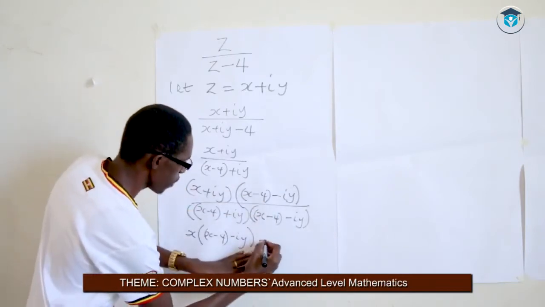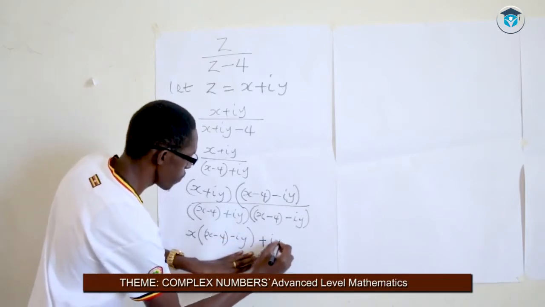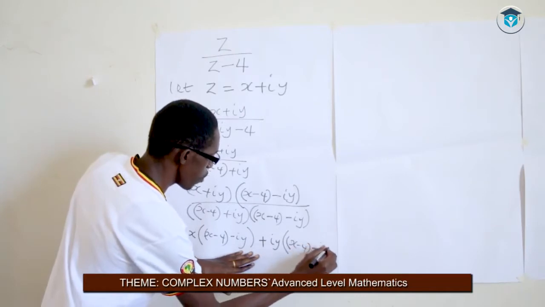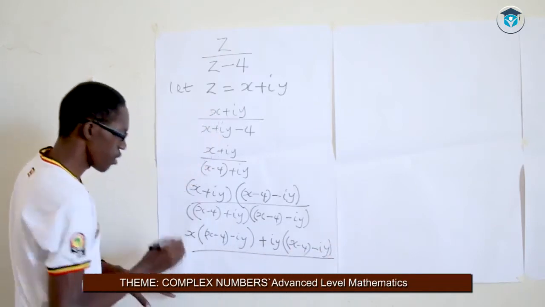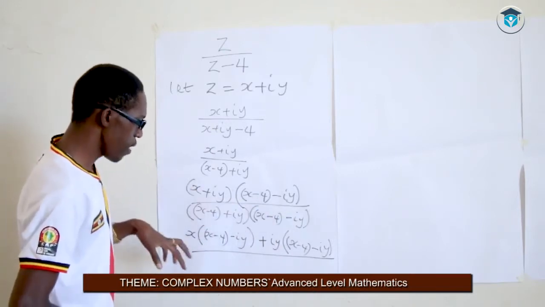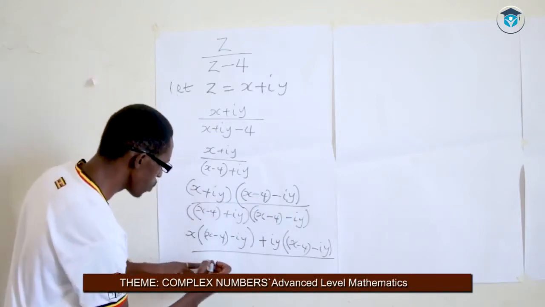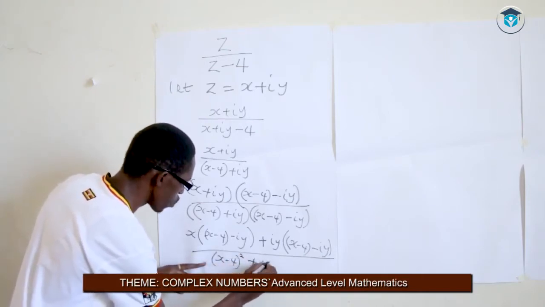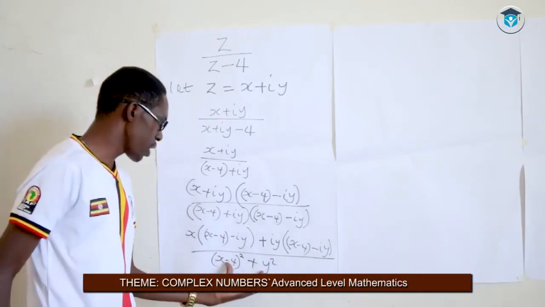Then the same will happen, plus iy into x minus 4 minus iy, over the denominator, which is the difference of two squares. But in complex numbers, it becomes x minus 4 squared plus y squared. So this is what we are trying to get.